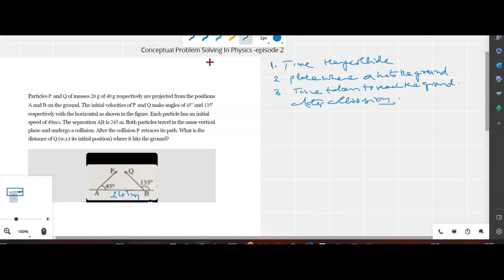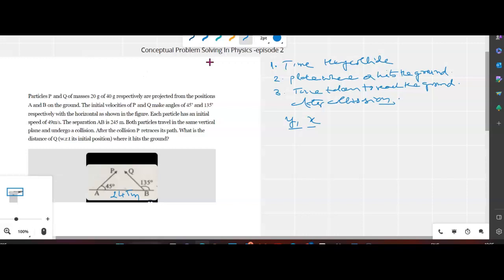Each of these questions can be answered by following a mathematical procedure wherein we find the y and x coordinates of both particles P and Q by writing the equations of motion.